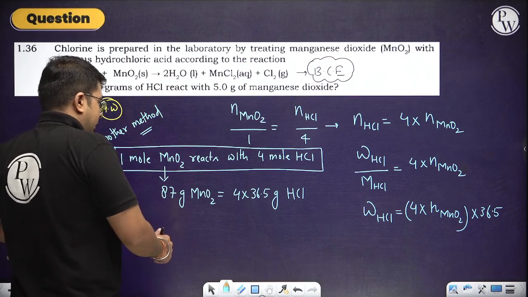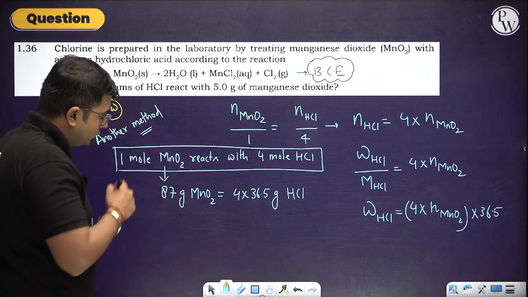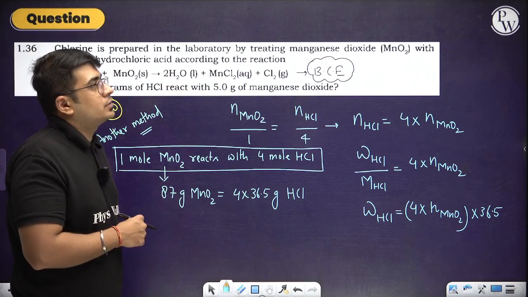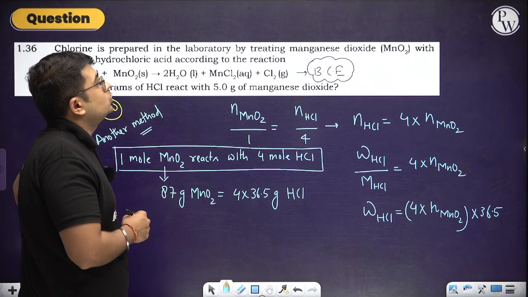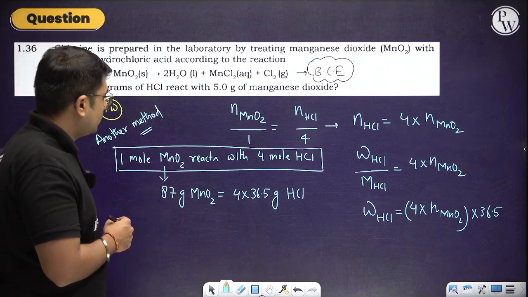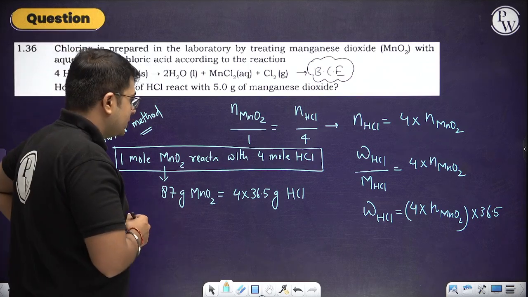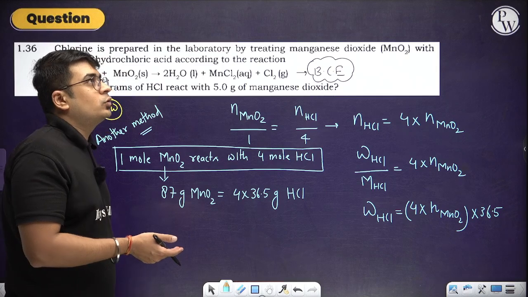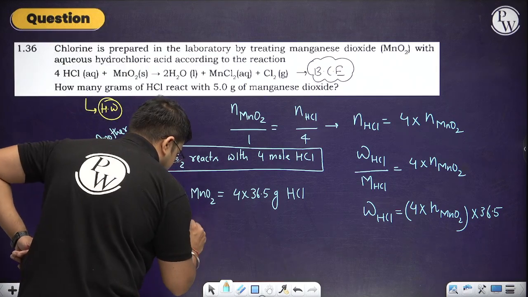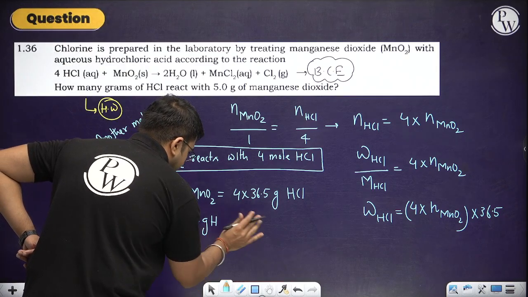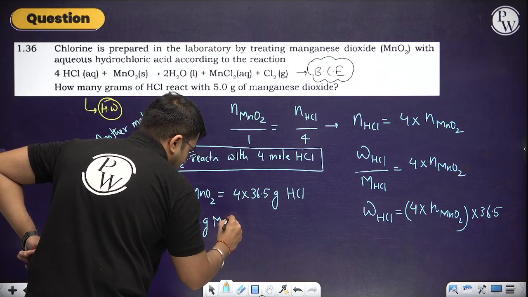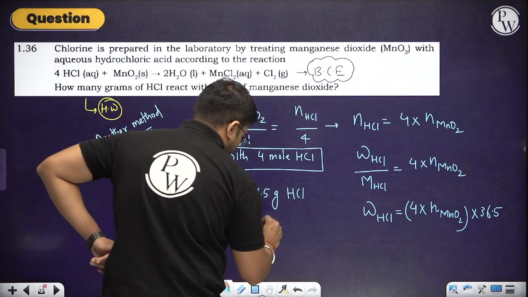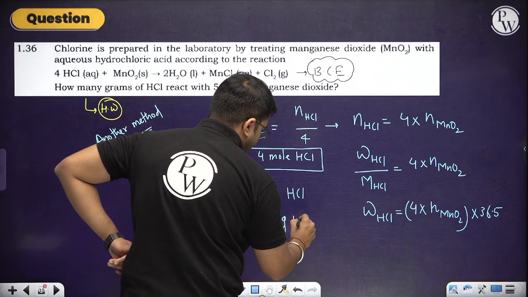That will be equal to 73 multiplied by 2, which is 146. So I can say that 87 gram of MnO2 reacts with 146 gram of HCl.